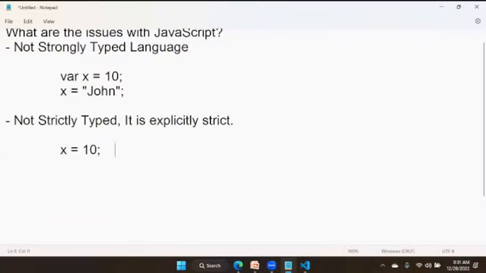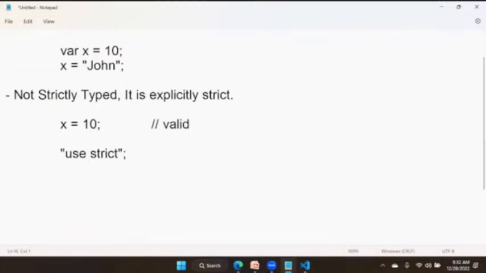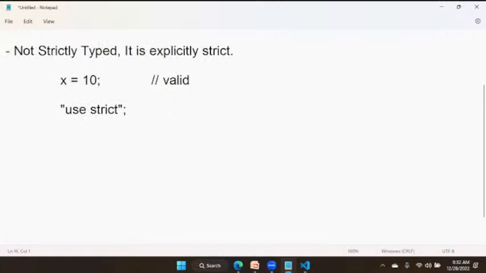That means if I write like this, it is valid. So you have to turn on strict mode. How to turn on strict mode? By using "use strict". So the second problem about JavaScript is that it is not strictly typed.